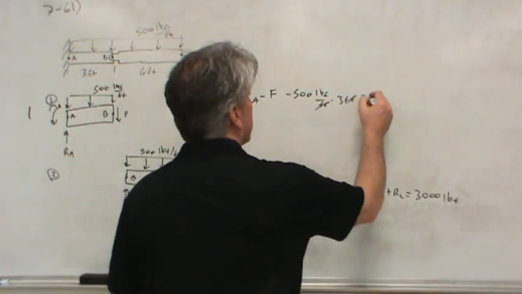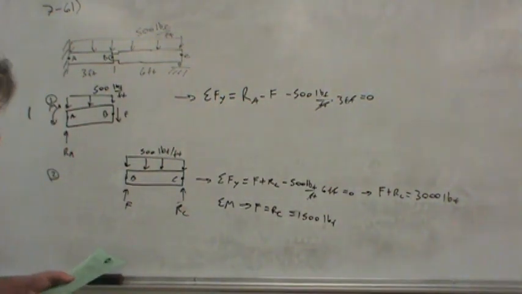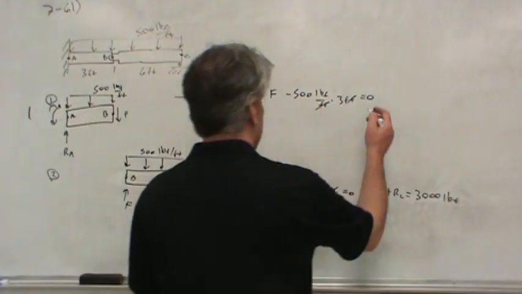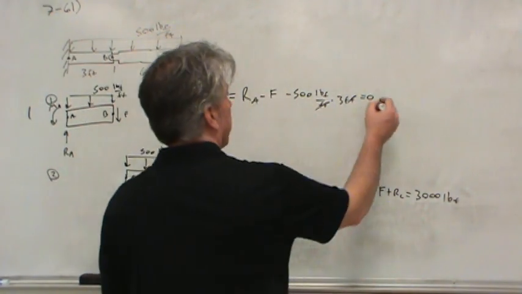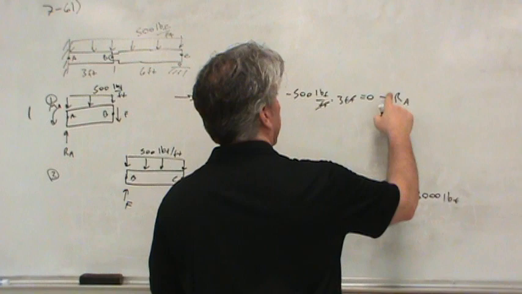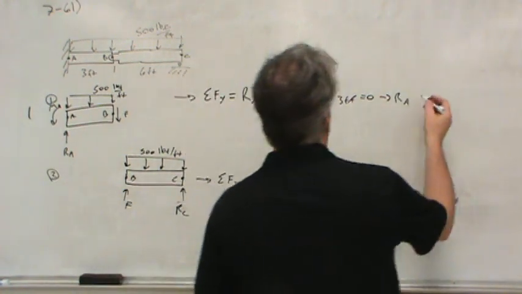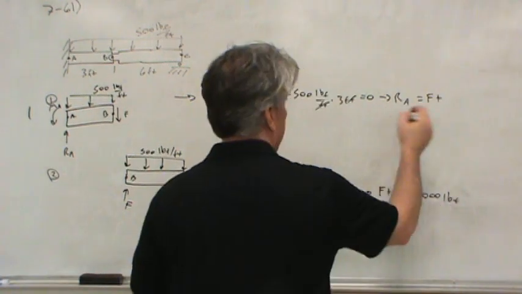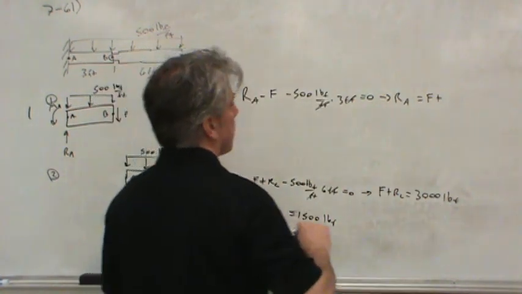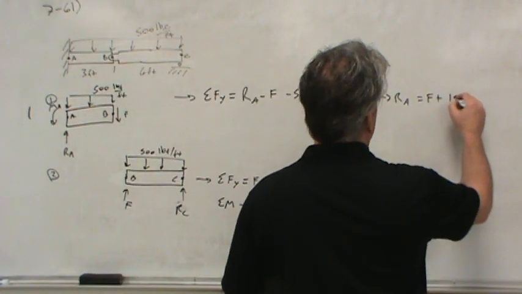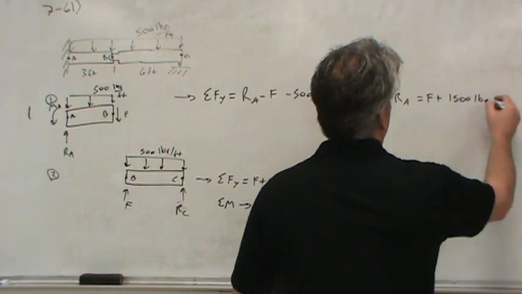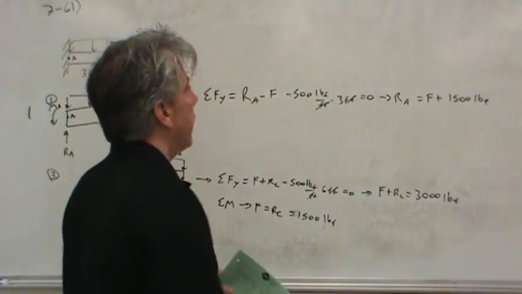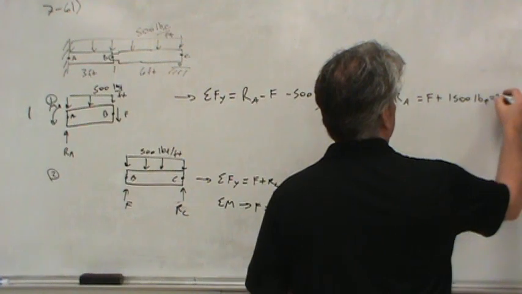That's all of the forces acting on segment 1. So since we know the magnitude of F, we can solve for RA. RA is equal to F plus, well, 5 times 3 is 15, so 1,500 pounds. So RA is apparently 3,000 pounds.